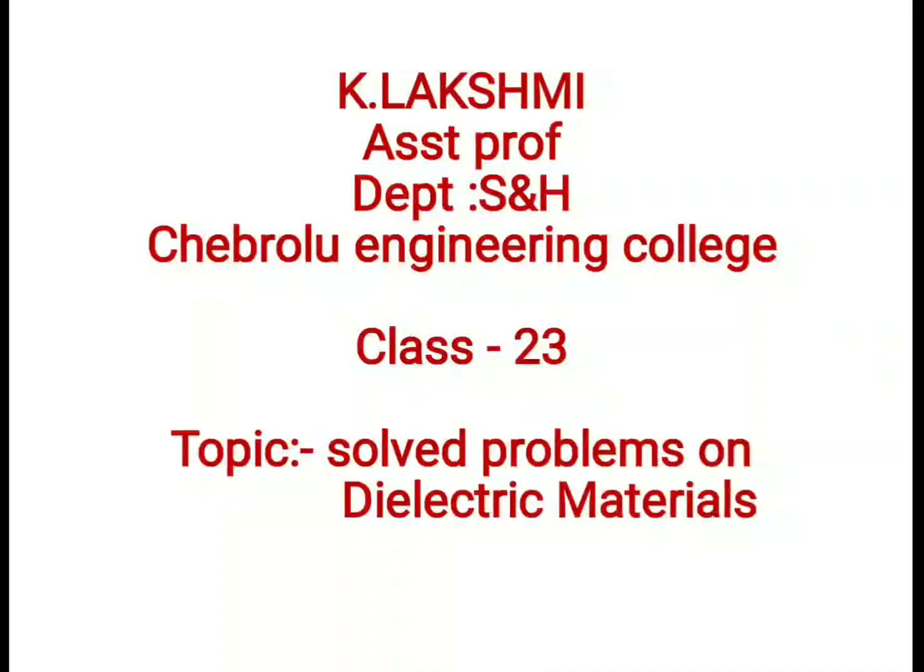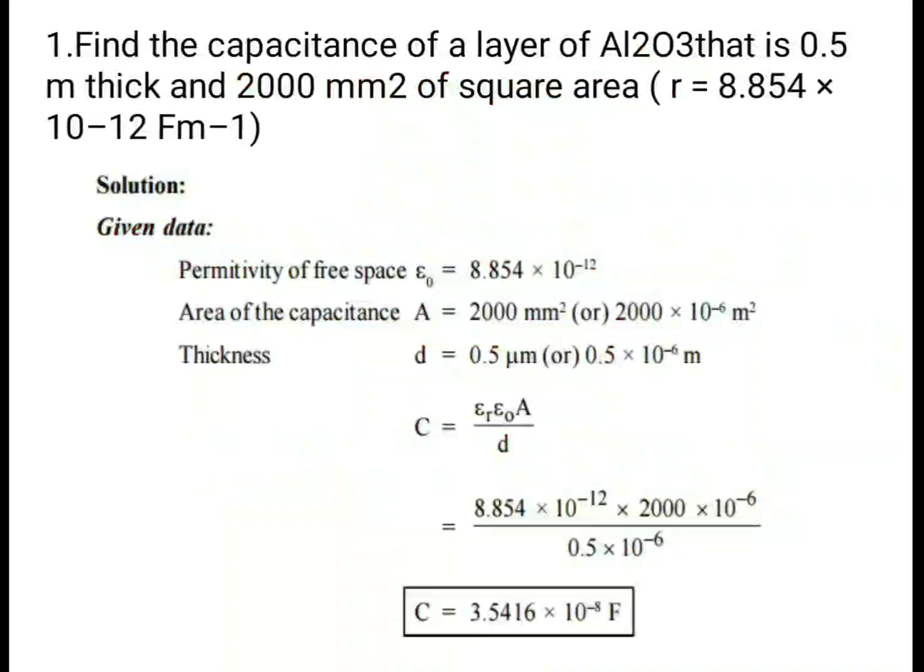Solved problems on dielectric materials. Now, the first problem is to find the capacitance of a layer of Al2O3 having a thickness of 0.5 micrometers and an area of 2000 millimeter square, with relative permittivity and permittivity of free space 8.854 into 10 power minus 12.